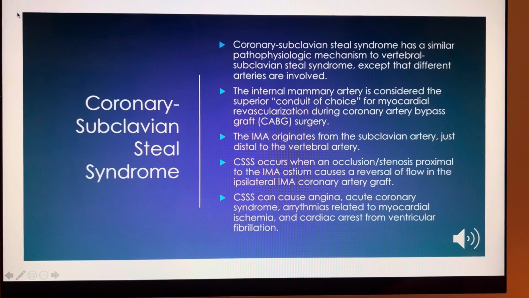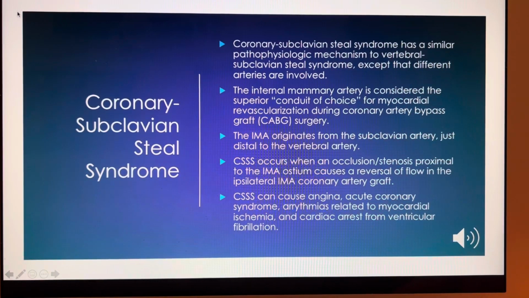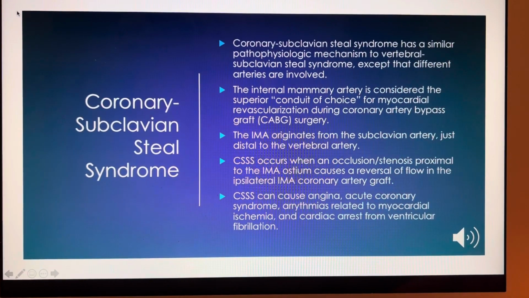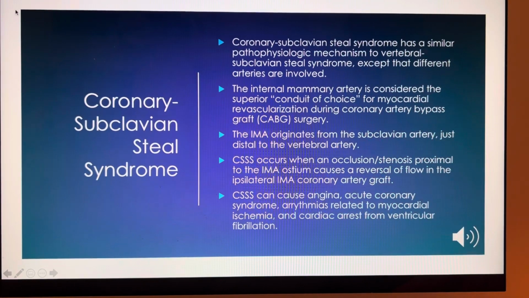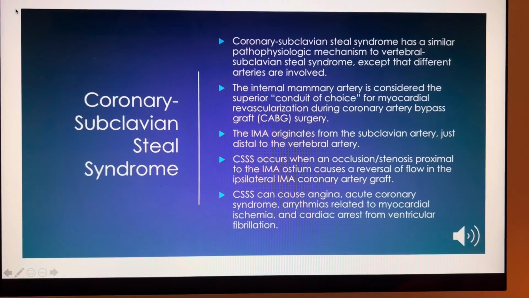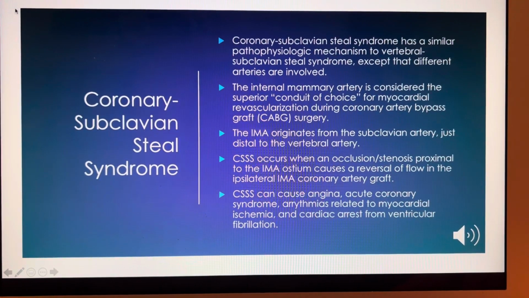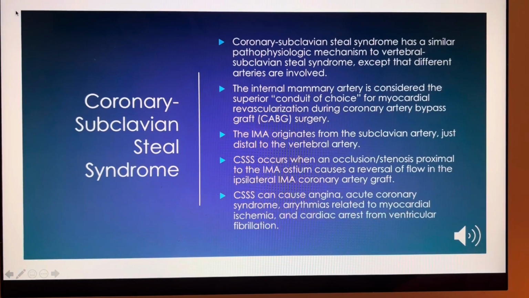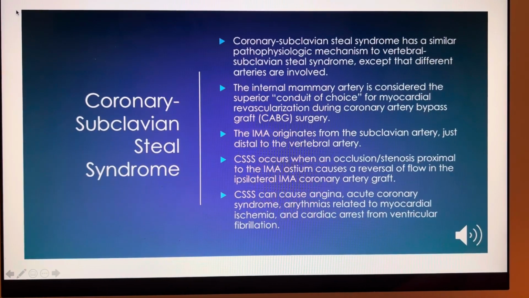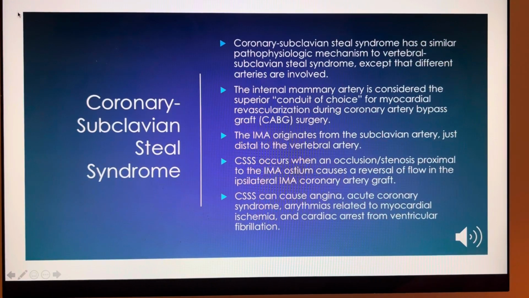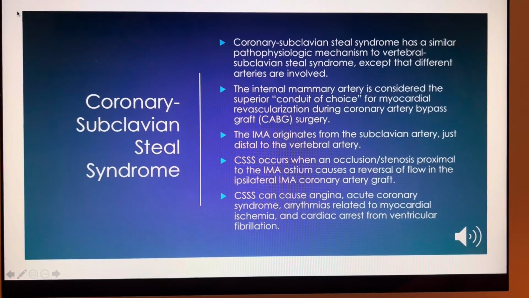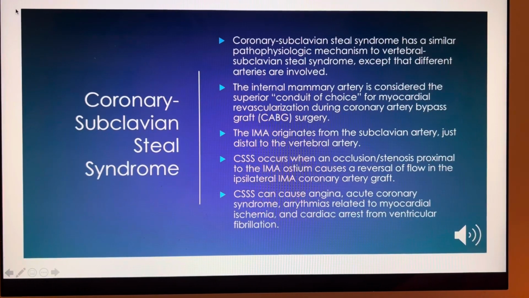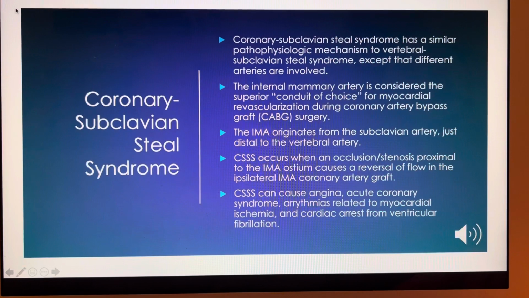The second type of subclavian steal syndrome is coronary, and it's very similar to vertebral subclavian steal syndrome, except different arteries are used. So instead of stealing blood from the vertebral artery, it steals blood from the internal mammary artery, and that artery is considered the superior conduit of choice when myocardial revascularization is performed.